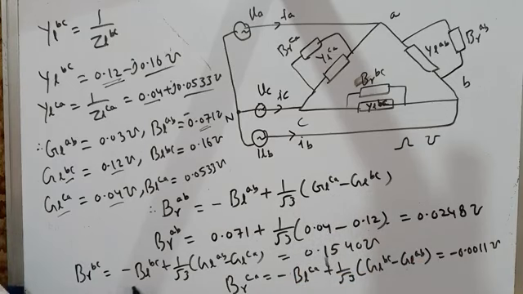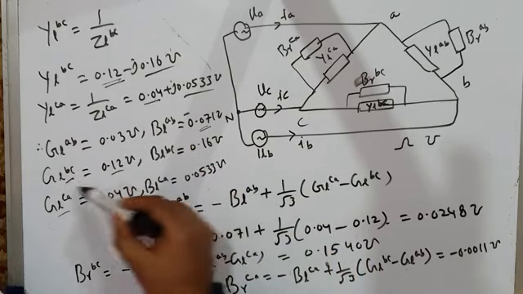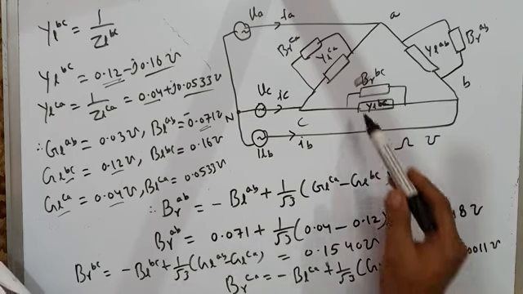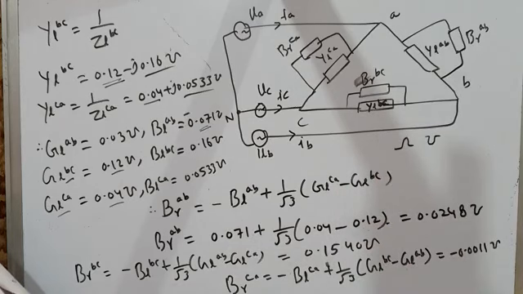Similarly, B gamma BC is minus BLBC plus 1 by root 3 times GLAB minus GLCA, and B gamma CA is equal to minus BLCA plus 1 by root 3 times GLBC minus GLAB. Substituting the values of load conductances and load susceptances in these three equations, you have got the compensator parameters.